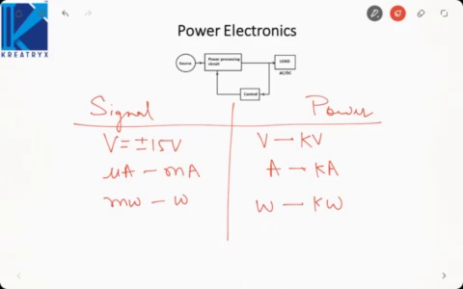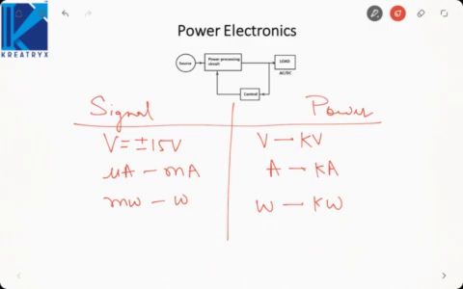That means power electronic devices only have a higher rating as compared to their signal electronic counterparts. That is, a diode will have a counterpart in power electronics which is the power diode, and the difference between a signal diode and a power diode is that the power diode possesses a much higher rating as compared to the signal diode.